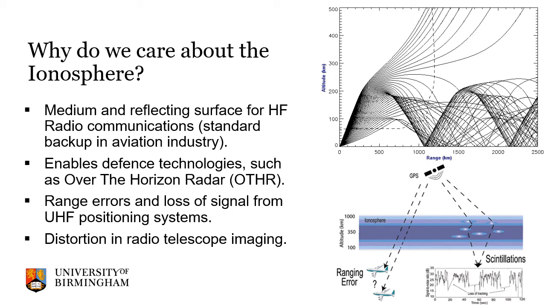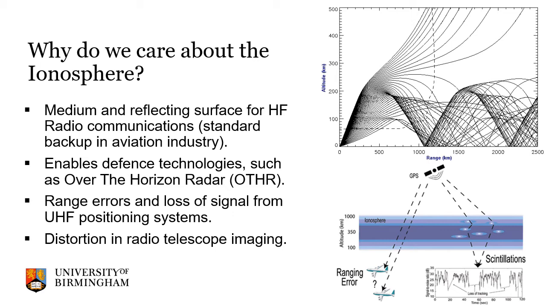The reality is that the ionosphere acts as a medium and reflecting surface for high-frequency radio communications. These are communications in the band between 3 and about 30 megahertz, which are standard in the aviation industry as a backup system. This is particularly important when you have transpolar flights that rely on these systems for communications in the absence of ground infrastructure to monitor and report the position of an aircraft.